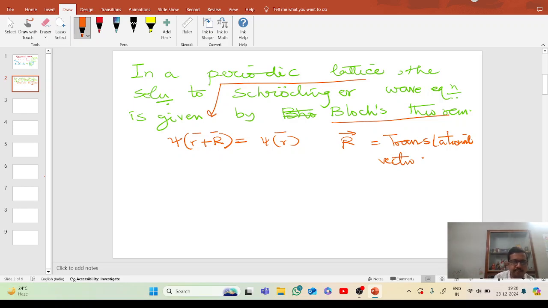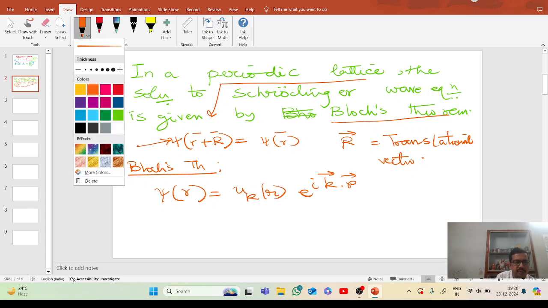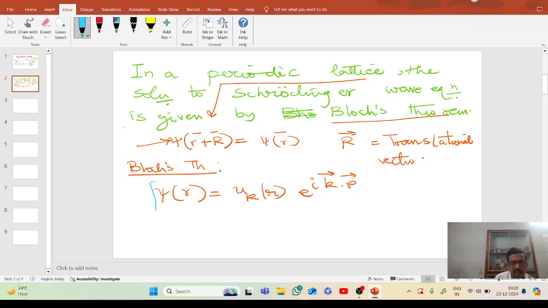Now Bloch's theorem, the answer to the Schrodinger wave equation is given in Bloch's theorem, which is written as psi of r is equal to u_k of r e to the power i k dot r. We'll take the solution on its face value and not try to deduce it. So this is psi of r is equal to u_k of r into e to the power i k r.